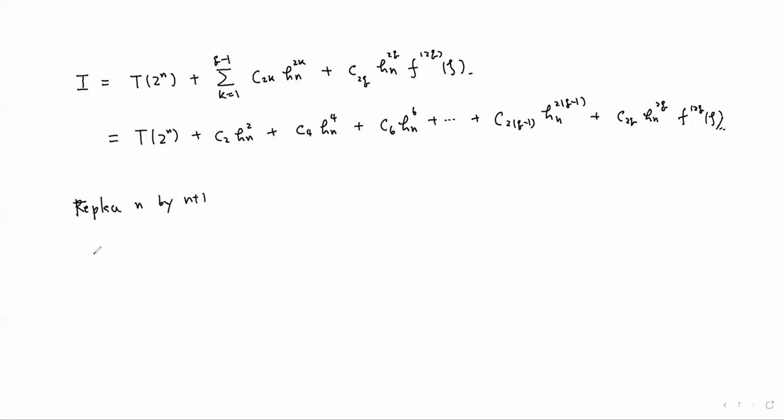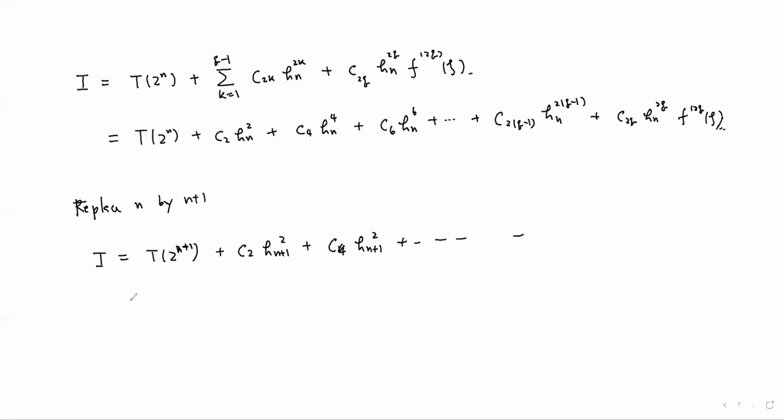Then we get this formula: I equals T of 2^{n+1}, plus a constant c_2 h_{n+1}^2, c_4 h_{n+1}^4, and so on.